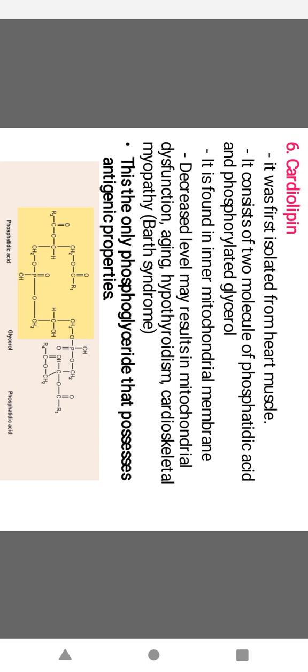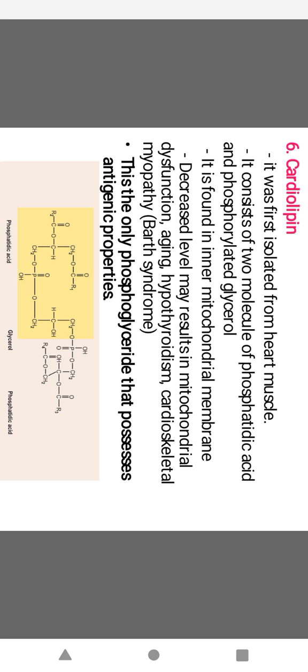Next, we see about cardiolipin. It was first isolated from heart muscle. It consists of two molecules of phosphatidic acid. Until now, we studied phospholipids that have only one phosphatidic acid, but here we have two molecules of phosphatidic acid, and phosphorylated glycerol is present, which means the glycerol is joined with phosphate.